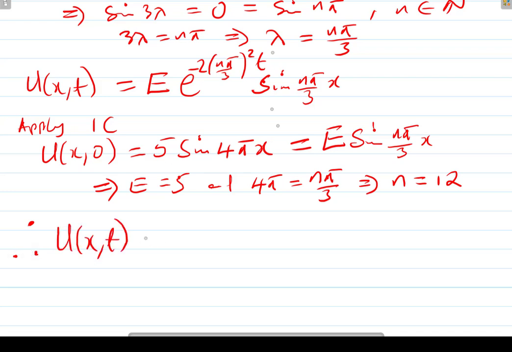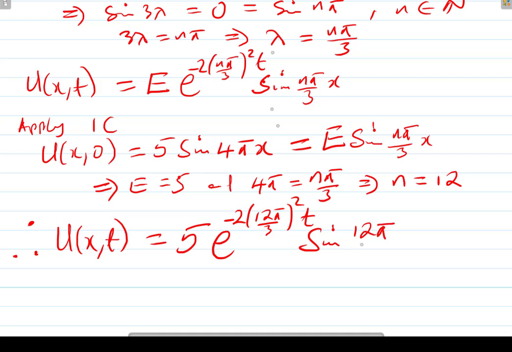Therefore u(x,t) is equal to 5, where E is, here we put 5, and then we have e to the power negative 2, here we have (12π/3) to the power 2 t, sine 12π/3 x.